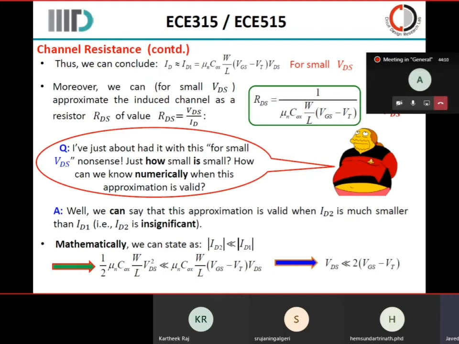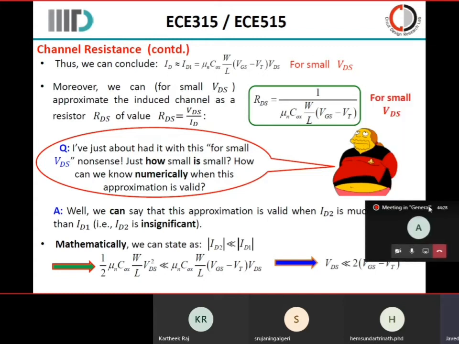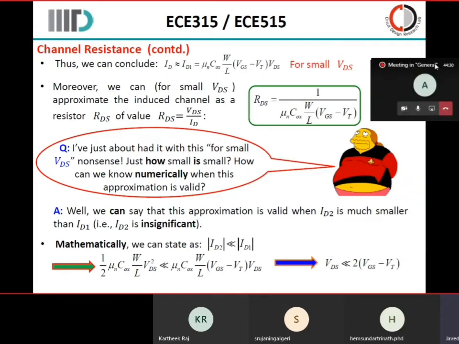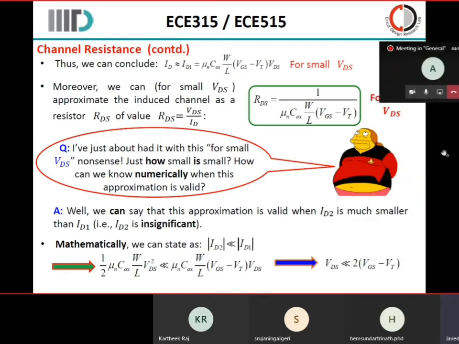Thus, we can conclude that ID will be equal to ID1 for very small VDS, and we can define RDS only for very small VDS. That is defined as VDS over ID, which is RDS equals 1 over mu n Cox W by L times VGS minus VT. So this is always defined for small VDS.